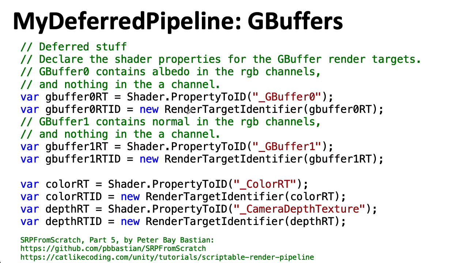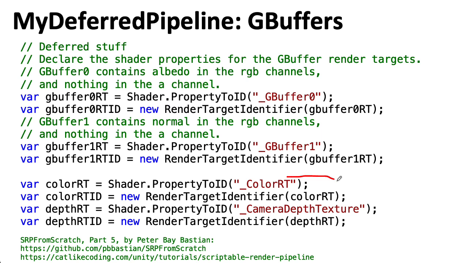So you give the constructor render target identifier a texture, and it will spit out one of these IDs. Now, I don't necessarily have to put a property number here. I don't have to use these kinds of property numbers at all. I could just put a string here. I could put underscore GBuffer0 string, but using the properties is a little bit faster.